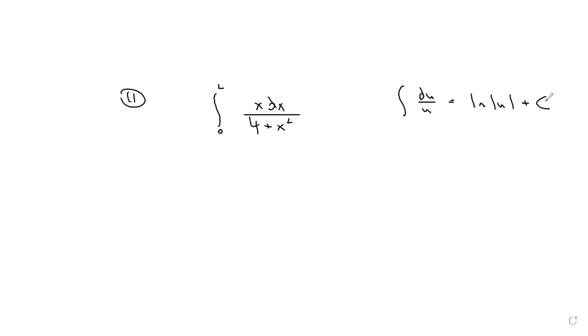So let's go through this, and we'll try to be a bit more careful than the previous question. Let's set u as the bottom function, so 4 plus x squared. Then we'll figure out what du is. The 4 disappears, and the x squared gives 2x dx.